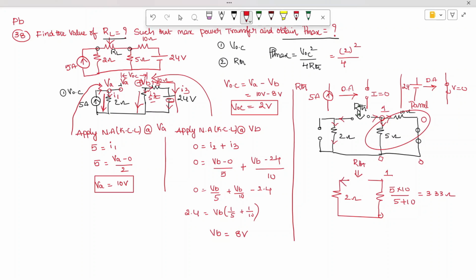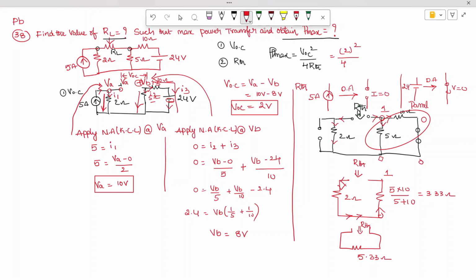Okay, so the current flows like this, and I can say now the current is constant. These two are now connected in series. Okay, so this is 2 plus 3.33, which is nothing but 5.33 ohms. Okay, so this is the value of RThevenin.